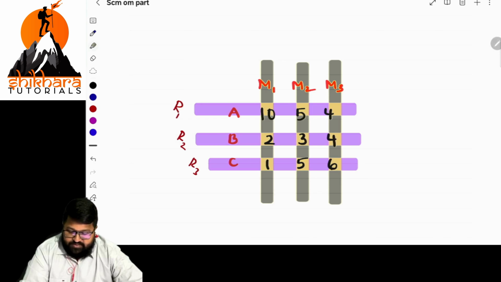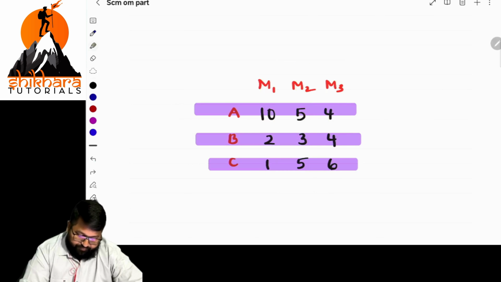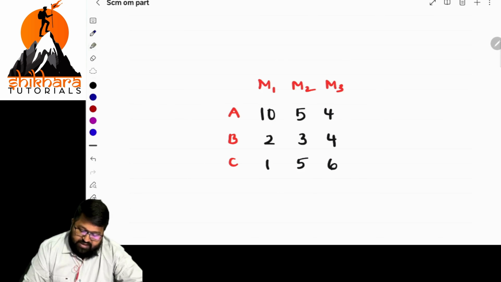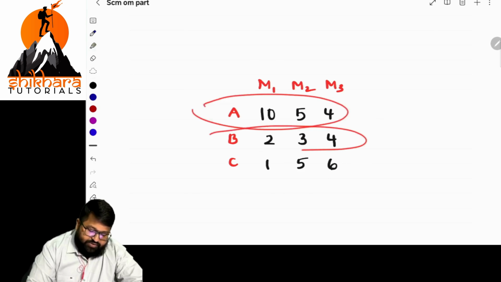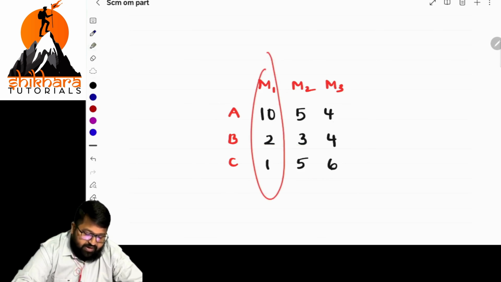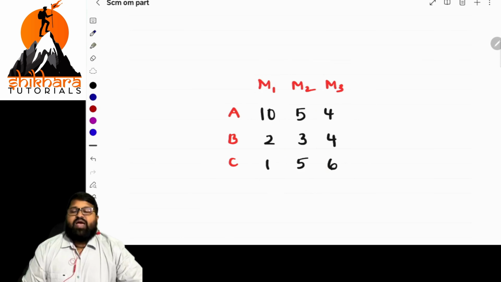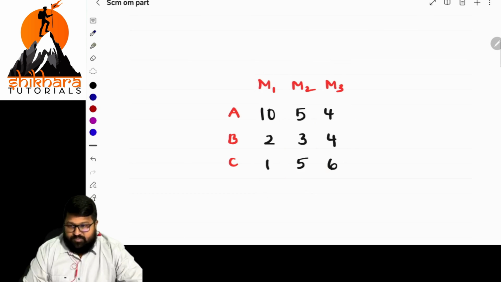Okay, is it clear? I'm representing them again and again so that you will have clarity. So basically these are rows. And what are columns? M1, M2, M3. So totally there are 3 rows and 3 columns.